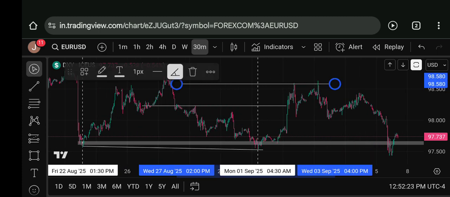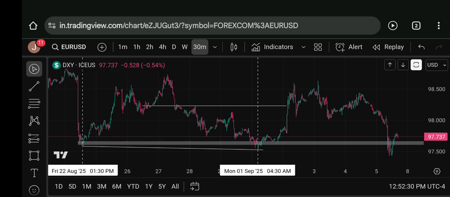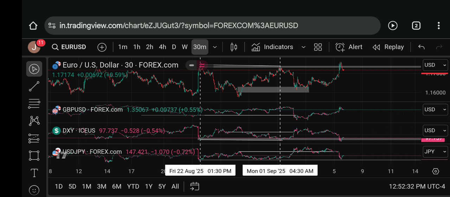So why I am showing you this, because if my bias was wrong, then these assets which are correlated with each other, USD JPY and DXY correlated to each other, and Euro and GBP are correlated to each other, and these two, Euro and GBP, are positively correlated. DXY and USD JPY are also positively correlated.